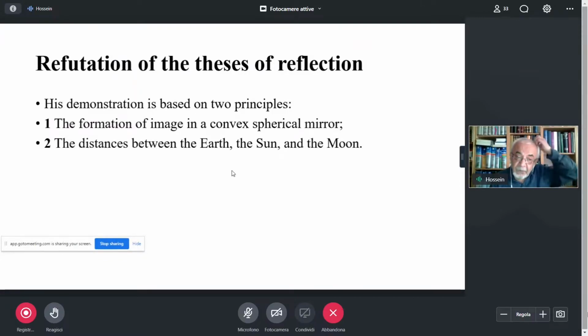His demonstration is a mathematical or geometrical demonstration, which is based on two ideas. The first idea is the formation of image in a convex spherical mirror. The second idea is that of the distances between the sun, the moon, and the earth.